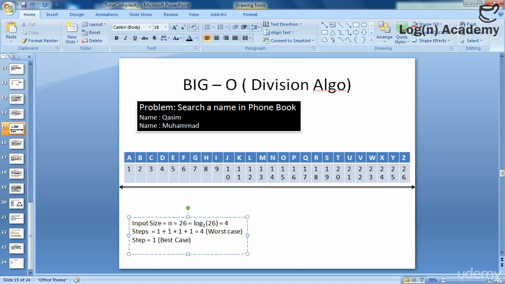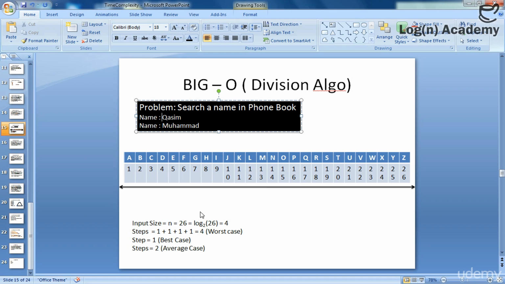And if there is a name in which we do 2 steps, okay, the number of steps will be 2, that will be the average case. So for finding Qasim, the best case, worst case and average case will be 4.